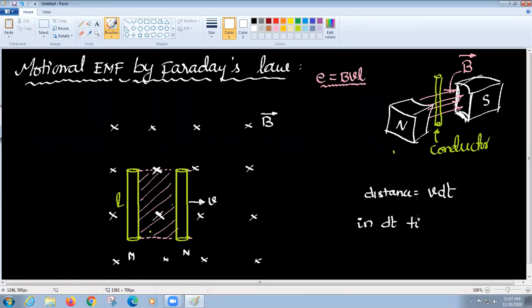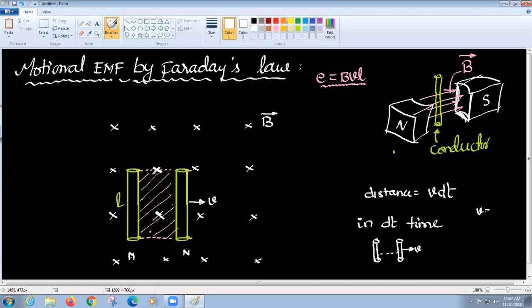In dt time, we move this conductor to this position with some speed or velocity.